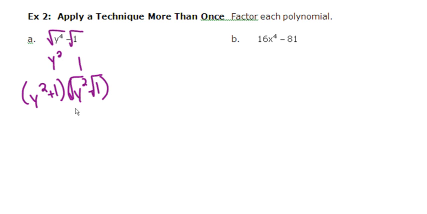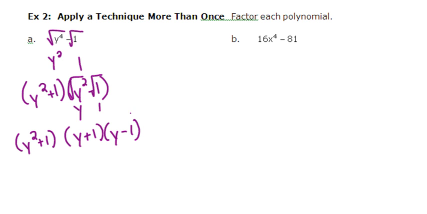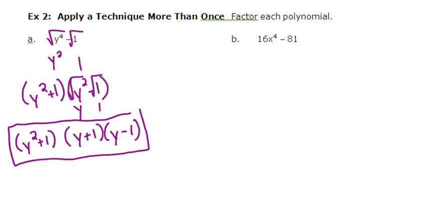The square root of y squared is y. The square root of 1 is 1. So this can be broken down even more into y plus 1, y minus 1. The other parentheses that couldn't be broken down, I just bring it down. It can go in front or in back, it doesn't matter. And this is my answer.